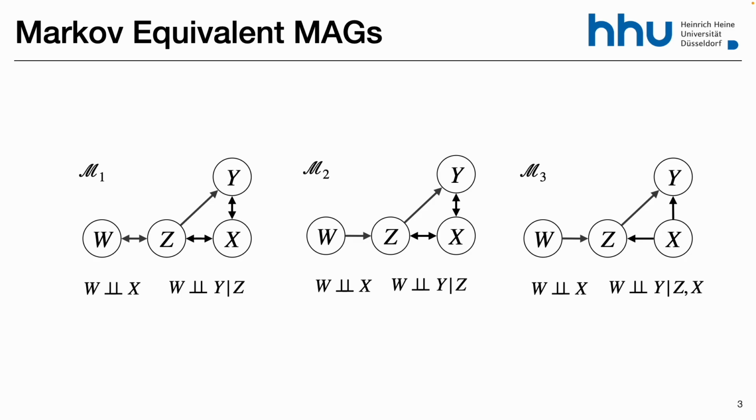So this independence, W and Y given Z, does not hold in this graph; they are not independent. So that is a difference. By just looking at the set of implied independencies, you see that the first two are in the same equivalence class, while the third is not. Okay?